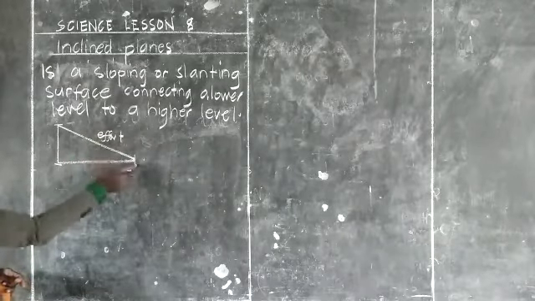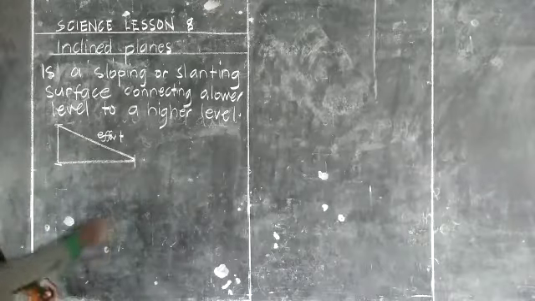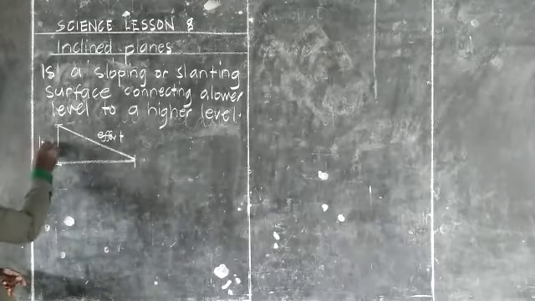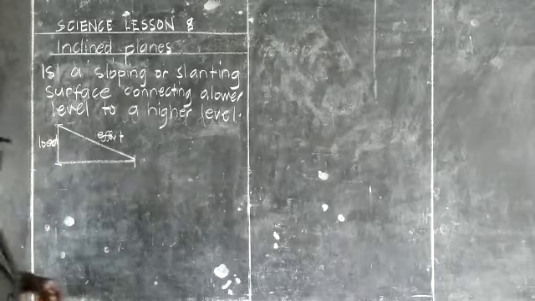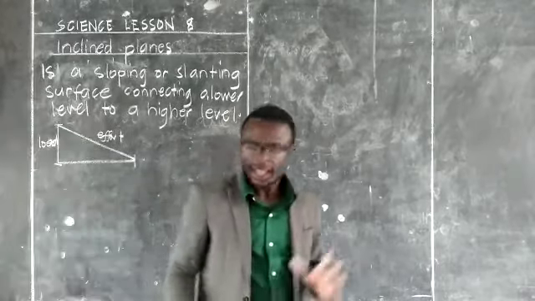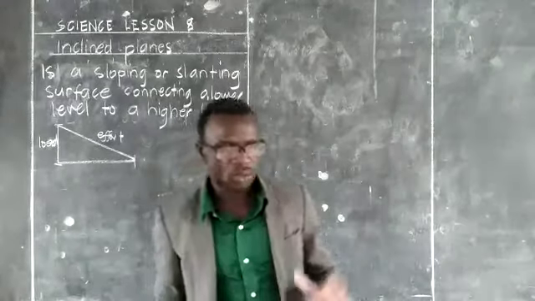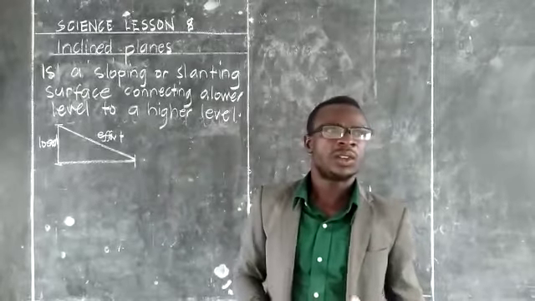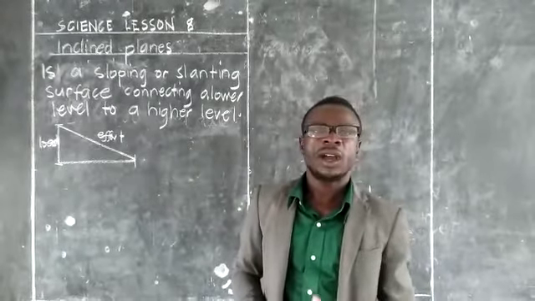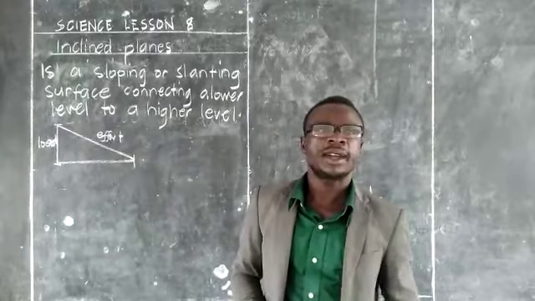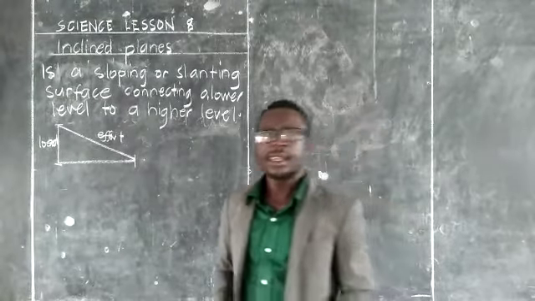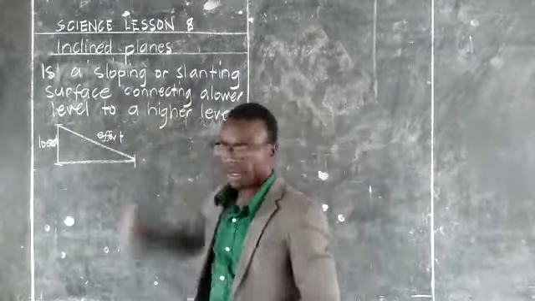The effort is applied through this distance. An inclined plane, as I already told you before, is also known as a slope, and it is a simple machine.